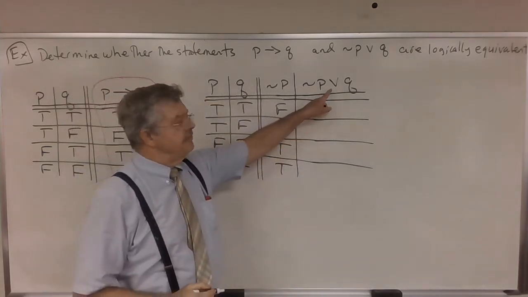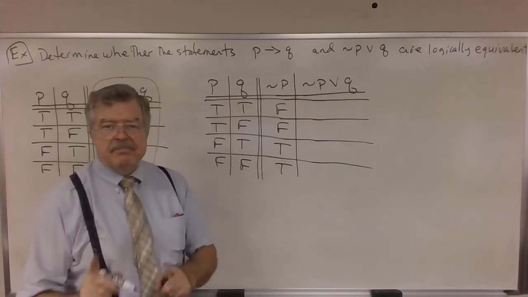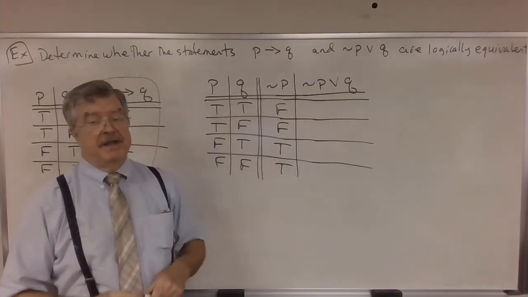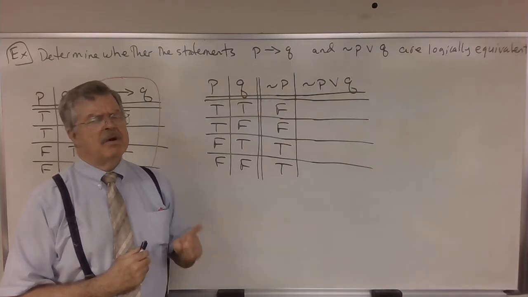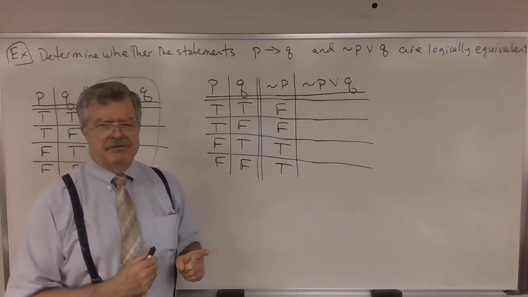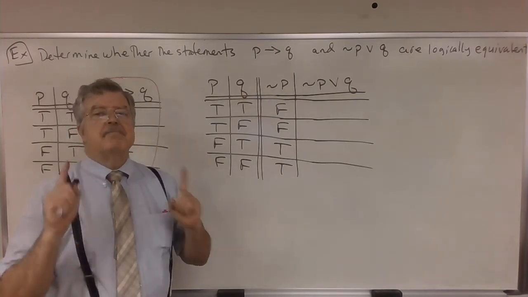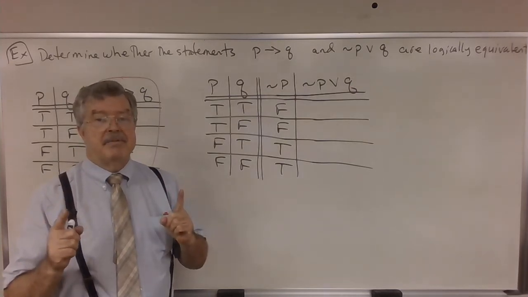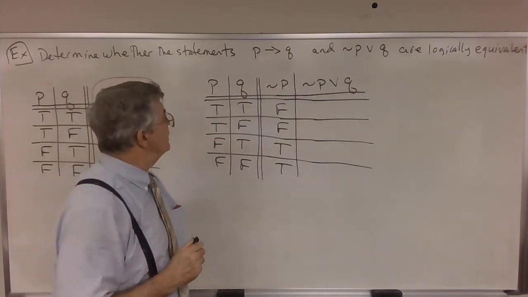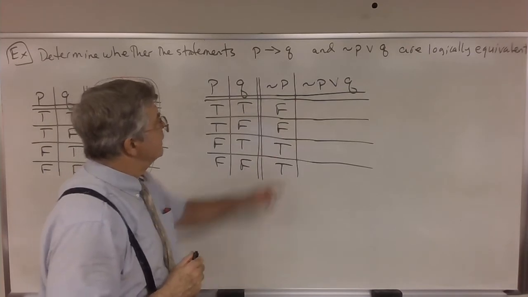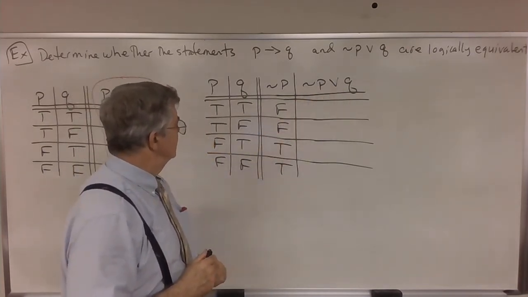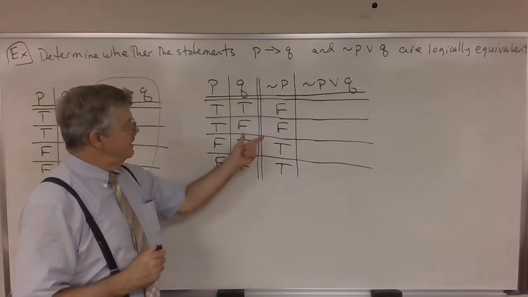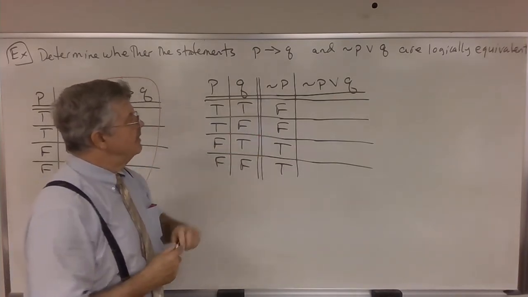This is an OR statement. What's the special case for an OR statement? The only time an OR statement is false is when both of the statements that make it up are false. Does that happen here? Let's see. Not P and Q, are they ever both false? Yeah, they are right here.